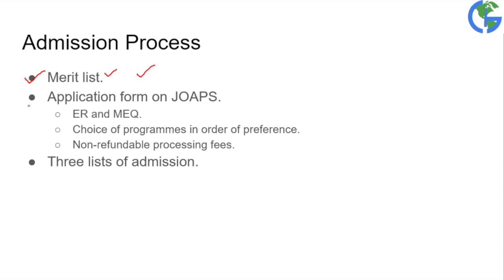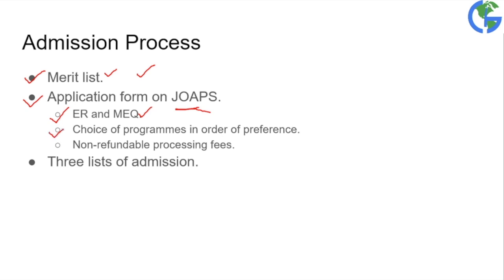Based on that, you need to fill a form on the JAM portal only. This is the JAM online application section, right? So you need to apply from this website only, right? And while filling this form, you need to mention your eligibility requirements and your minimum educational qualification, whatever is needed according to the applying institutes, right?